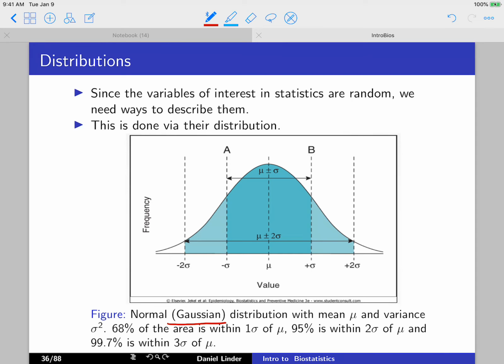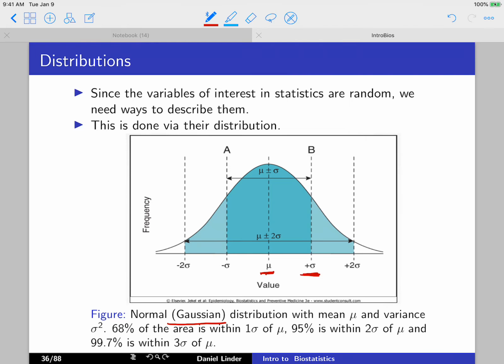In this particular picture, we have a normal distribution with mean mu and standard deviation sigma. We're going to describe in more detail later what these measures of central tendency, for instance mu, and these measures of dispersion, sigma, mean.